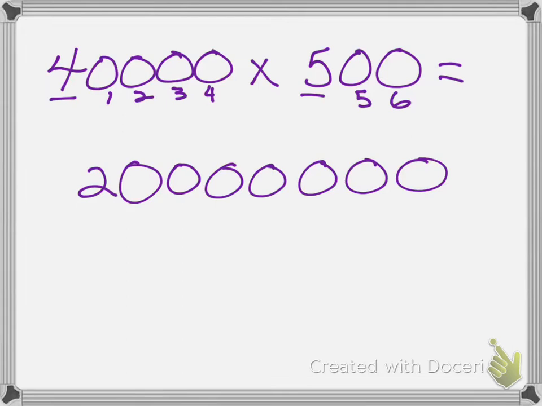You should have 7 zeros altogether. I'm going to group these in their place values, and I end up with 20 million. So good job. If you got that right, you didn't have to write down any of that. And please remember that little trick because it makes things so much easier for you.